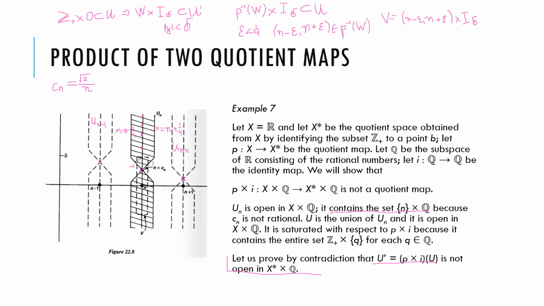And basically here is our set V. We can see that there are loads of points which are only in V, not in U, but V is supposed to be a subset of U. So this would mean that U prime is not open in X star cross Q, and from there we get that our P cross I is not a quotient map.